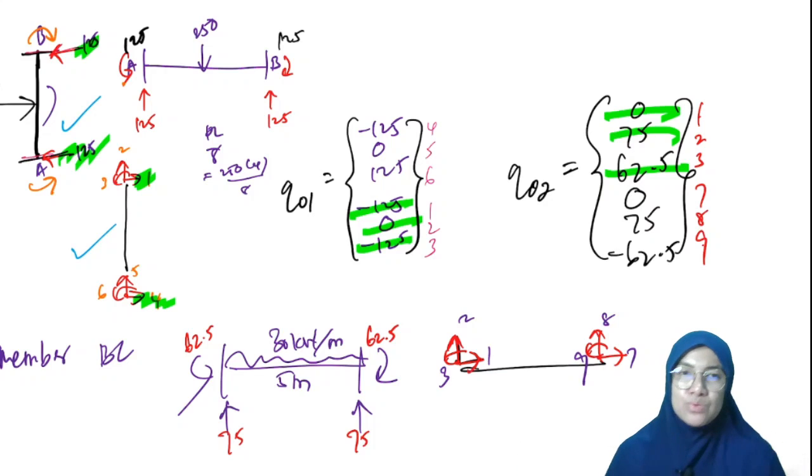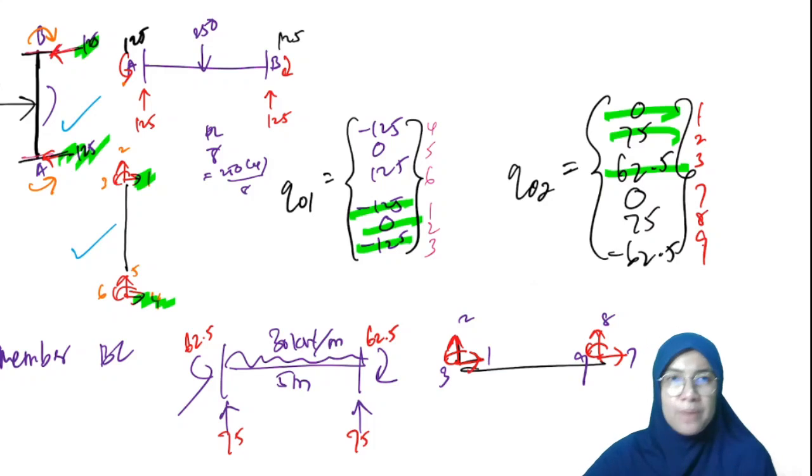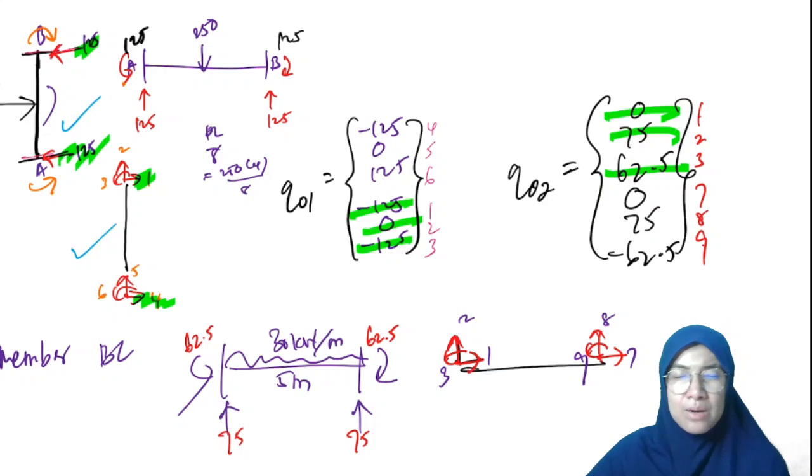So we have to draw the free body diagram of the fixed ended reaction, and then compare with the labels that we put earlier. Whatever is opposite, we have to put negative.